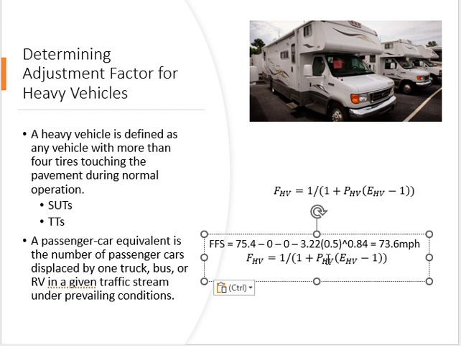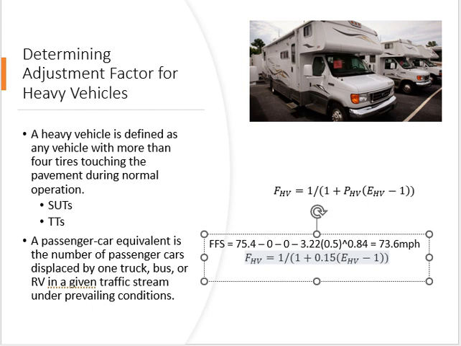How much was it? 15%, right? Then I need the factor, but the factor changes according to terrain conditions. We have how many terrain conditions? 3. So there should be 3 factors. 3 factors mean FH will have 3 values.